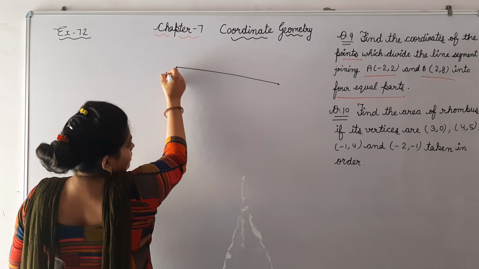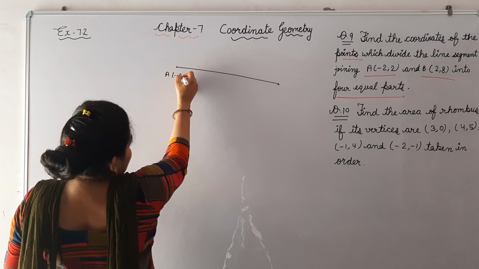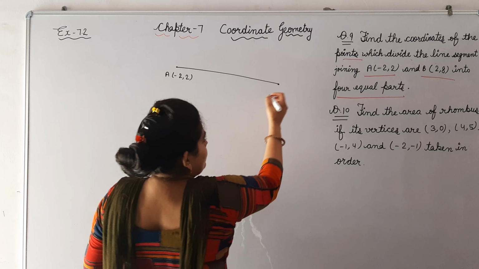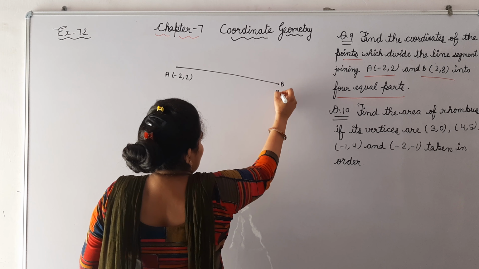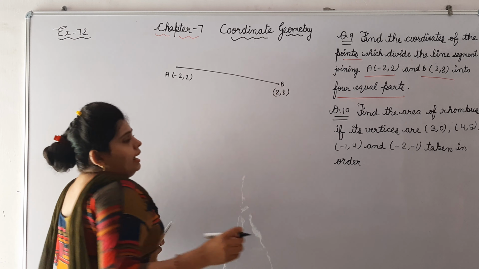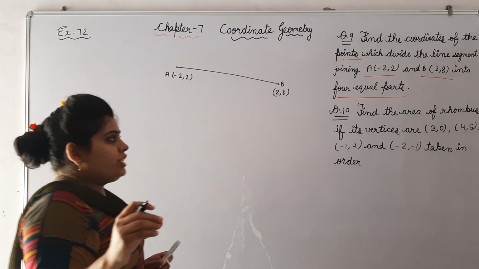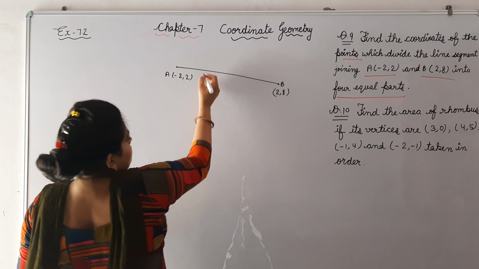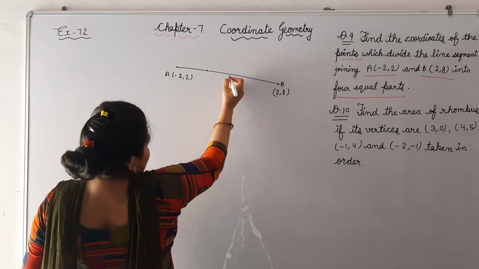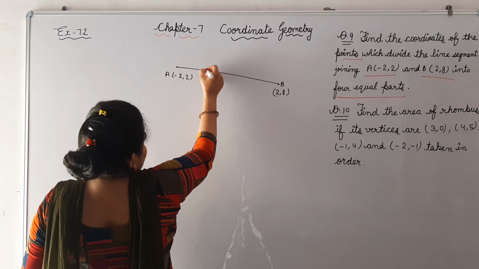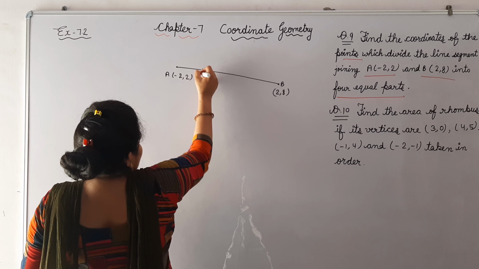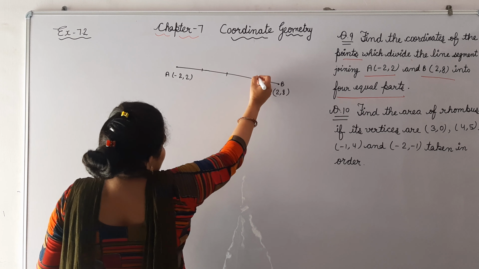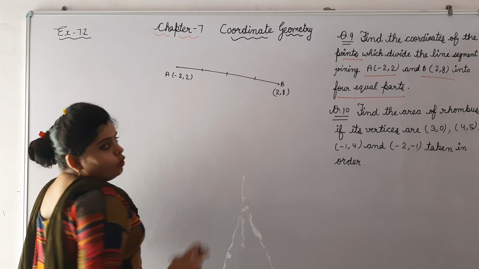Let it be A(-2, 2) and B(2, 8), and there are some points which divide AB into 4 equal parts: first part, second part, third part, and fourth part.